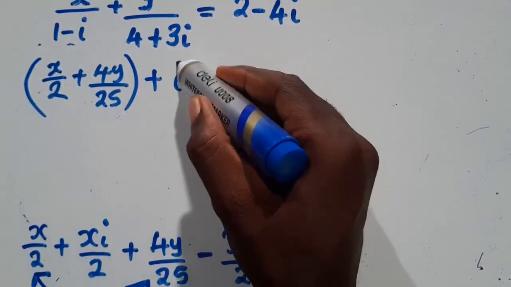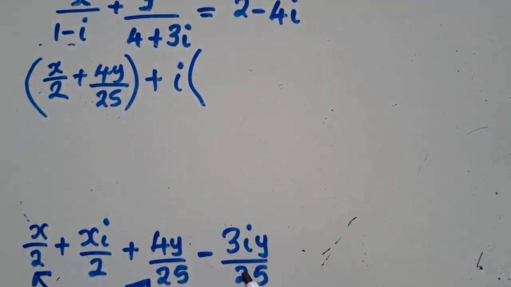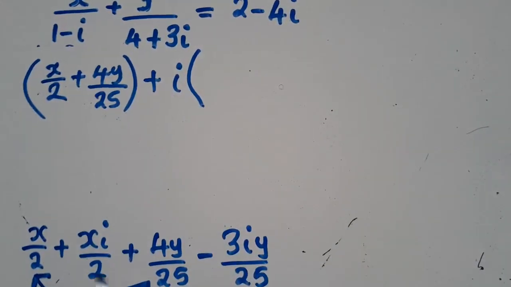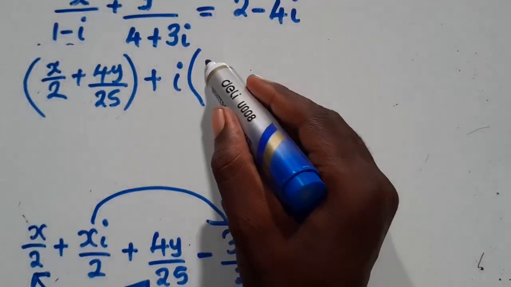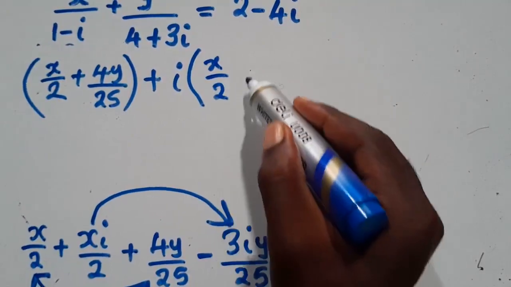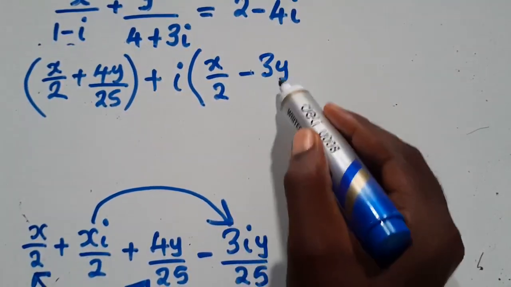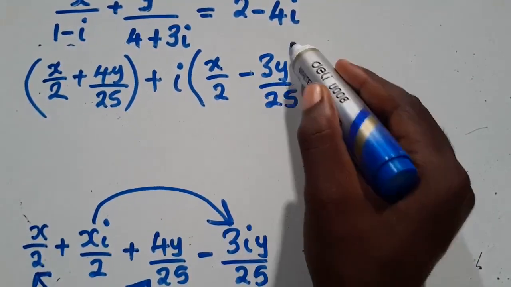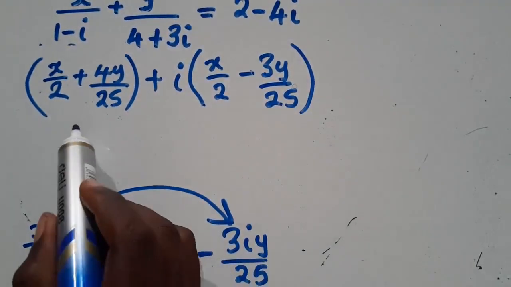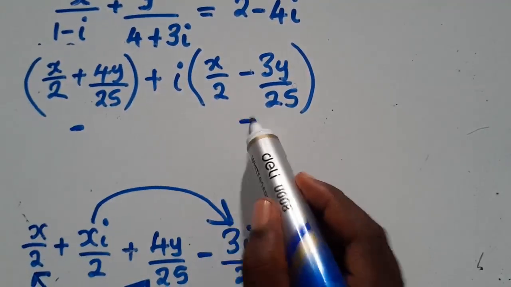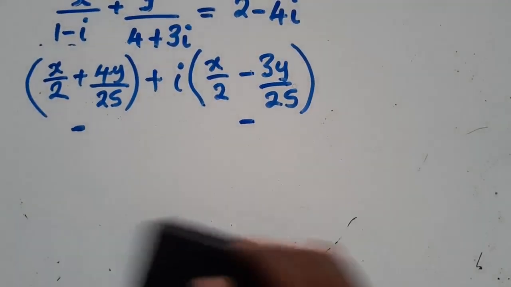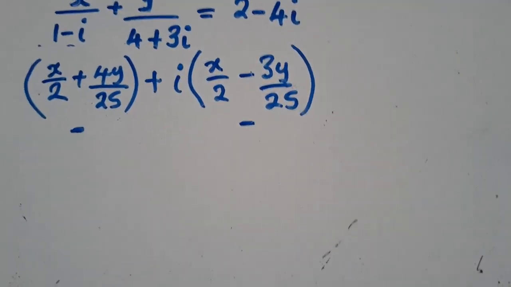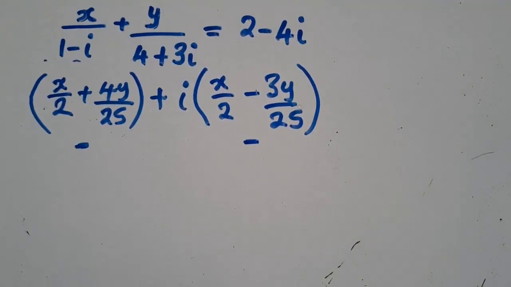Plus i, and what is the imaginary part? These two, this one and that one: x over 2 minus 3y over 25. So this is the real part, this is the imaginary part. This is what I've come up with. Hope you are able to see and follow through.